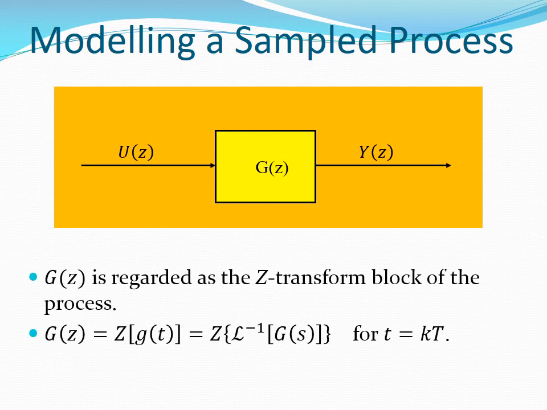And that's a diagram to illustrate: Y(z) is the sampled output, U(z) is the sampled input, G(z) is the Z transform block of the process. G(z) is equal to the Z transform of g(t), which is equivalent to the Z transform of the inverse Laplace transform of G(s).